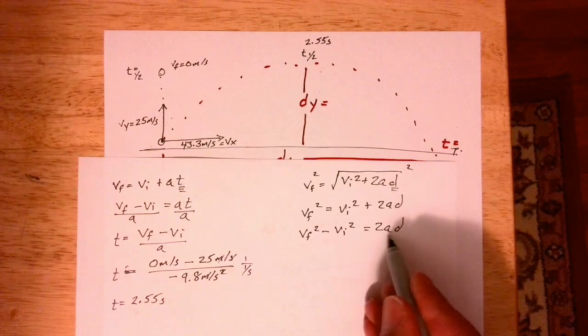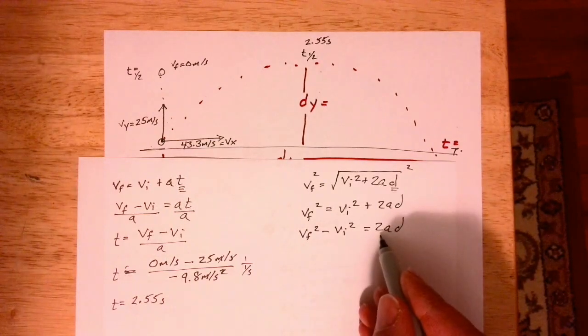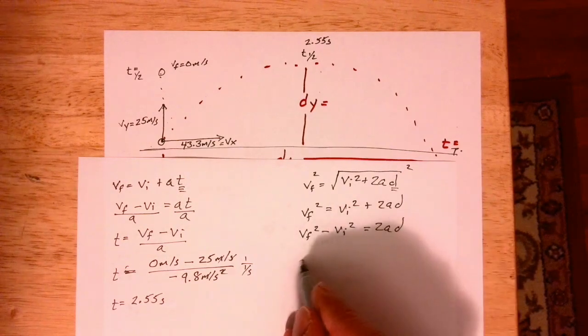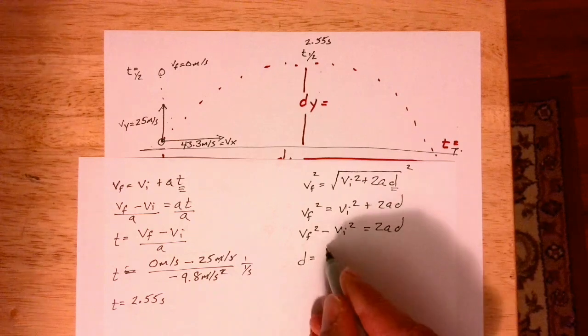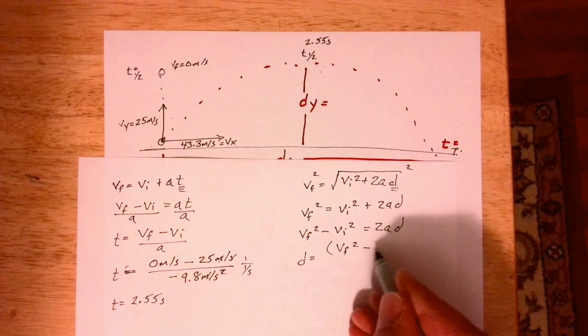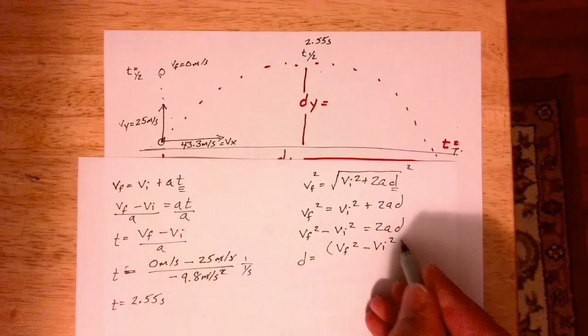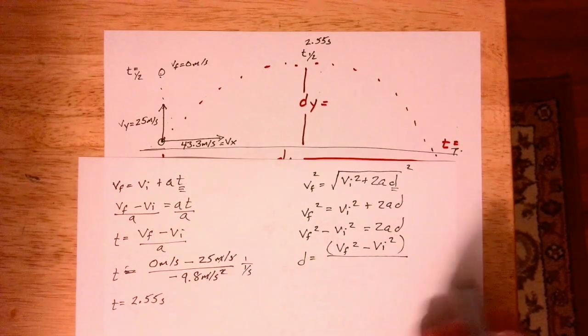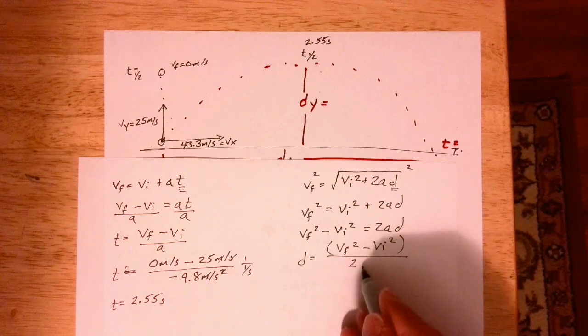And since 2A is being multiplied to D, I need to divide those two out, and I end up getting D is equal to VF squared minus VI squared all over 2A.